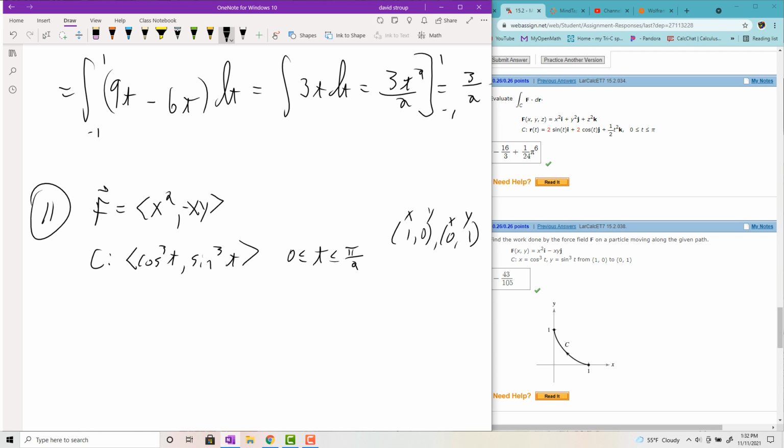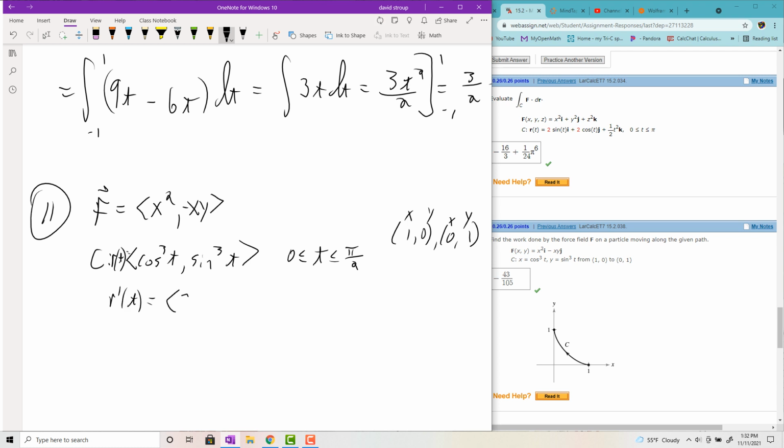If I plug in, cosine of 0 cubed is 1 cubed, which is 1. Cosine of pi over 2 is 0, and 0 cubed is 0. Sine of 0 is 0, and sine of pi over 2 is 1, and 1 cubed is 1. So that works. That's my r of t. I also need its derivative, r prime of t.